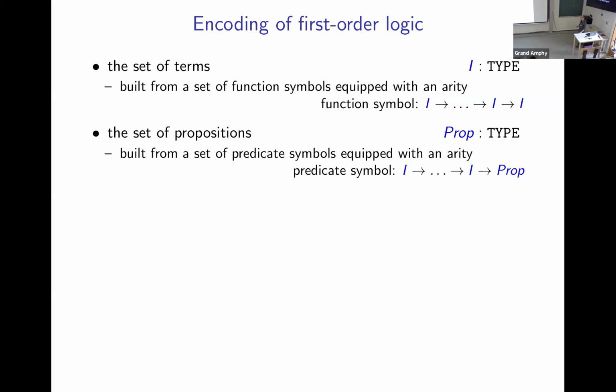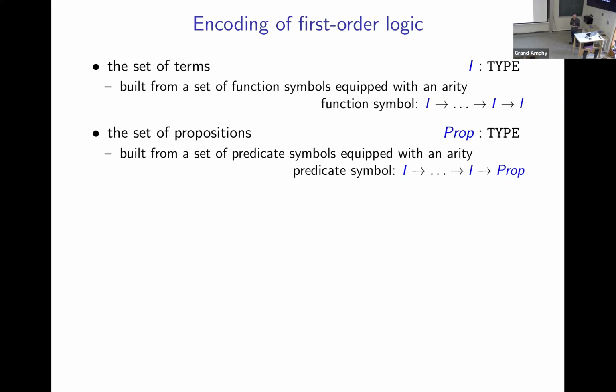And we can do the same thing for propositions using a different type. Okay, so we use a new constant in the logical framework to represent propositions. Okay? And again, for each predicate symbol of arity n, we introduce a symbol in the logical framework having this type.